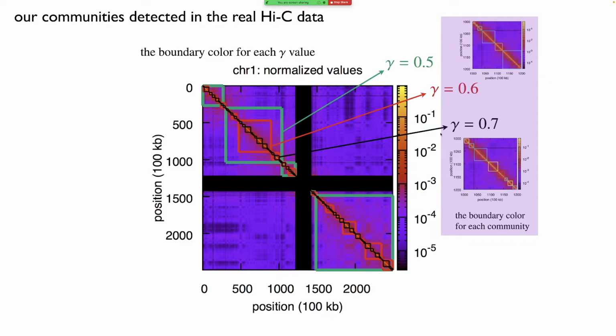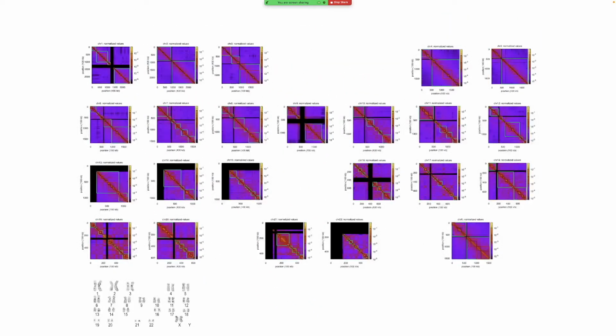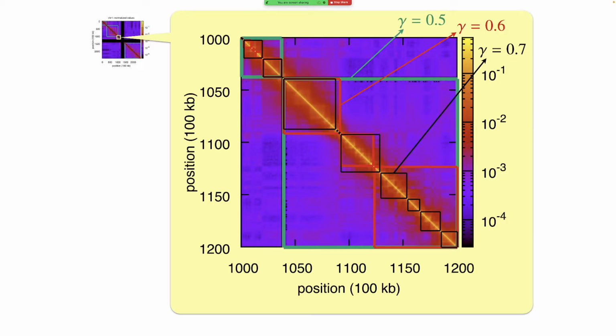And of course, we can detect communities for all of the other chromosomes like this. By the way, the black stripes here represent the non-coding region. And as I already introduced, although many communities in different resolutions look almost nested, it's not exactly, not strictly true, as you can see from this part.